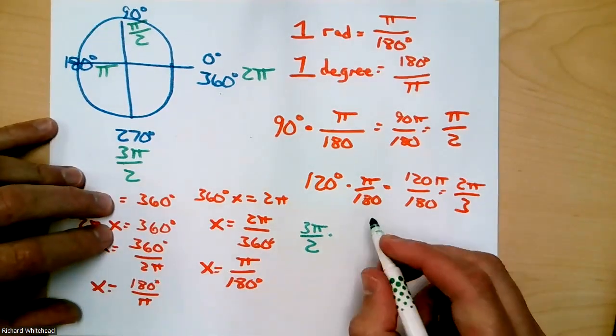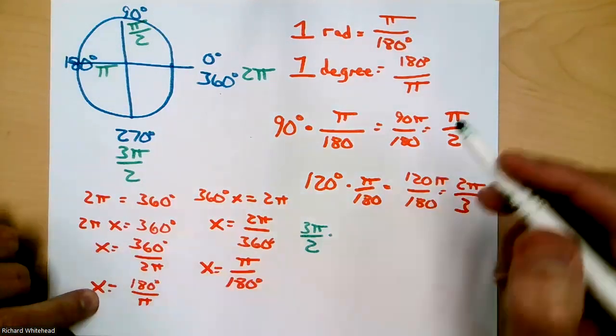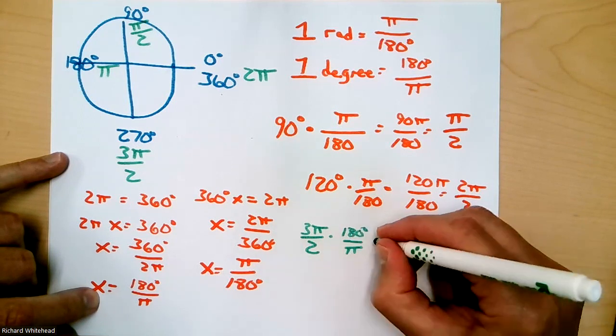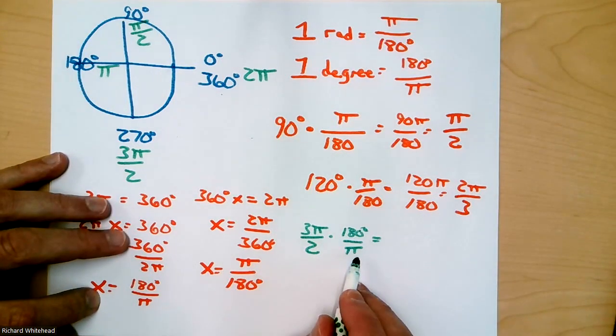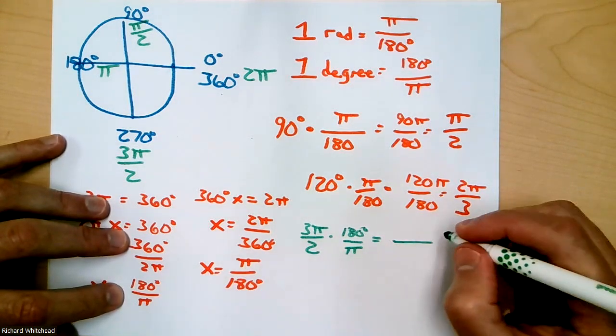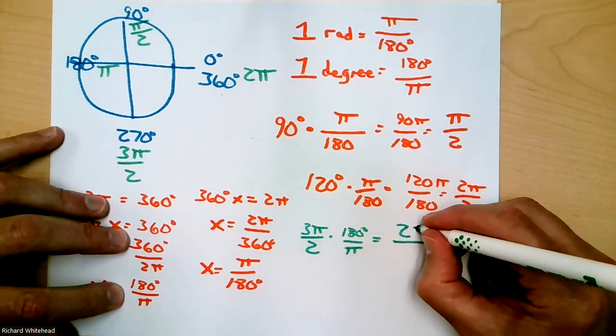Well, the conversion is 180 over pi. So when I multiply this out, the pi's are going to cancel. So 3 times 180, we know it's going to be 270.